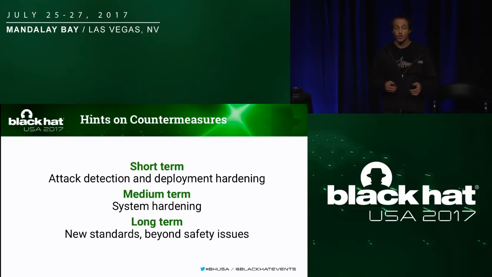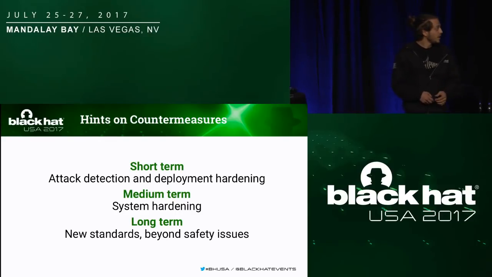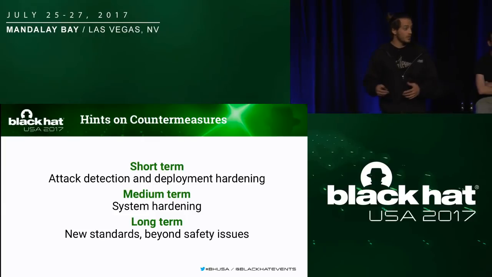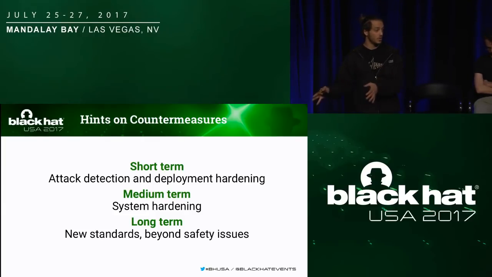As a short-term countermeasure, we think that we should work on the user side. We need to implement attack detection and deployment hardening. On the vendor side, instead, as a medium-term objective, we should think of system hardening and integrate secure development in the life cycle of the applications.